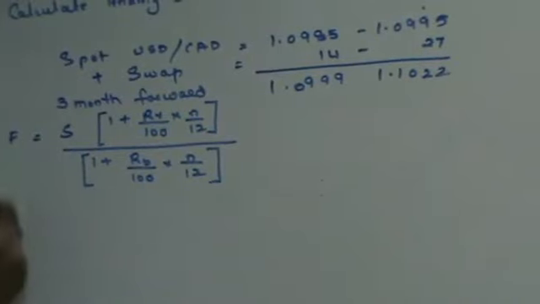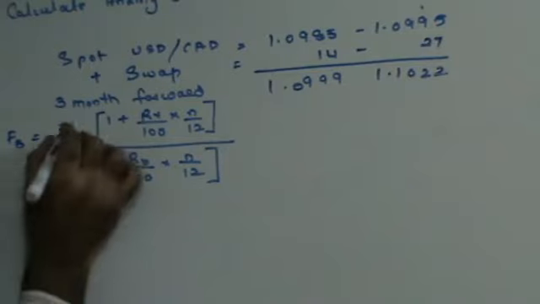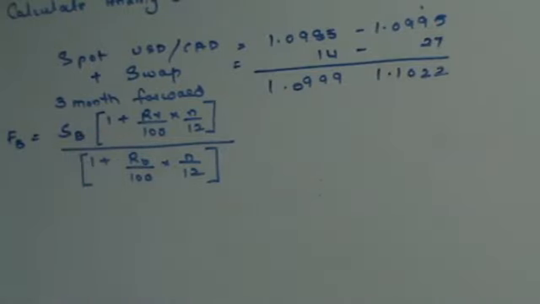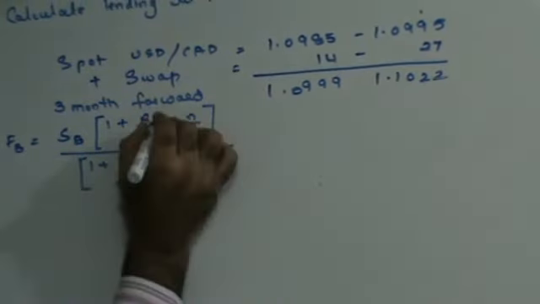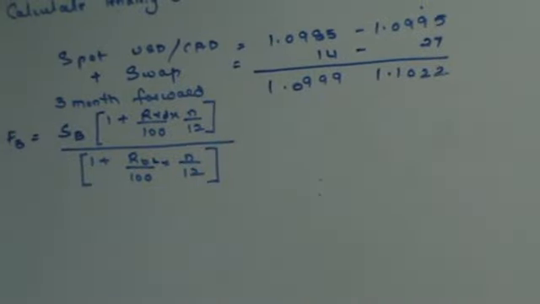Bid or ask? Suppose I'm finding out forward bid. So that means this will be spot bid. When I'm doing bid, I will take the deposit rate of the variable currency and the lending rate of base currency.